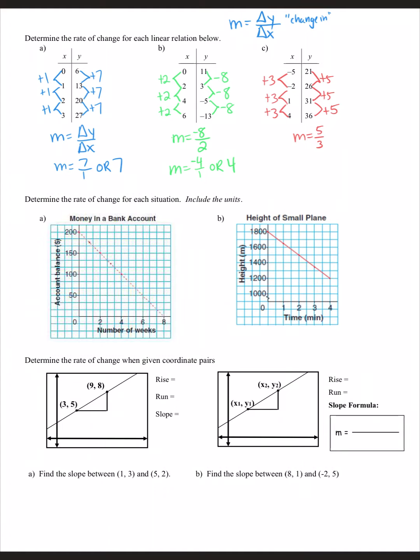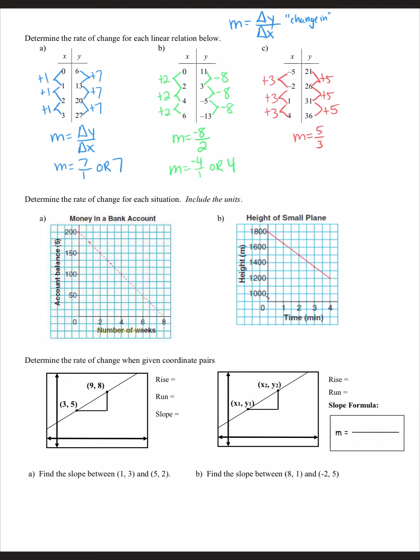We're going to look at some graphs with some real life applications and see if we can determine, again, the rate of change, as well as putting on the units for that, keeping in mind that rate of change is our y over our x. So we're going to have to consider what is our y unit in this case, what is our x unit in this case. We have money in a bank account here, and we have a couple of variables in play.